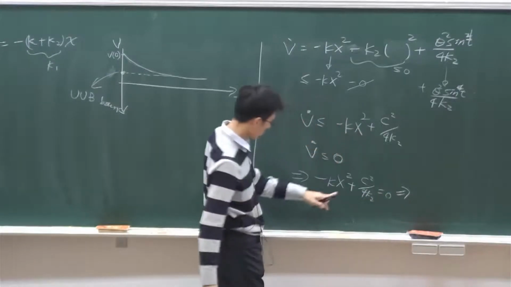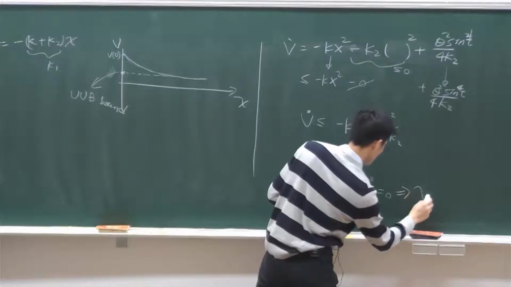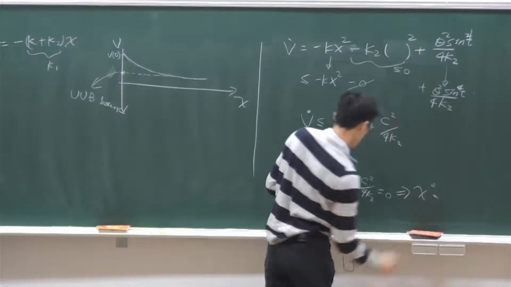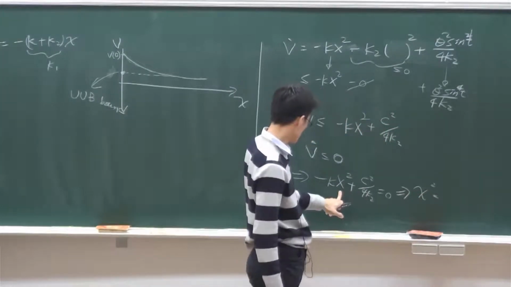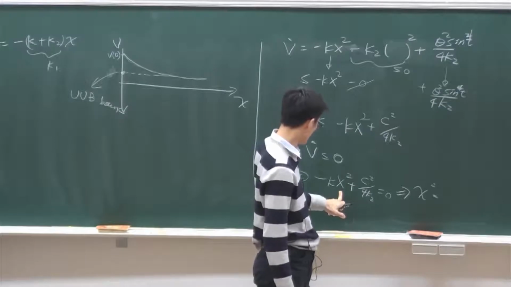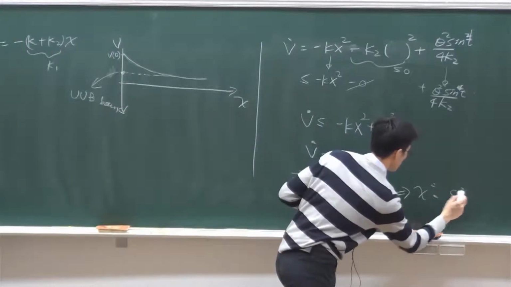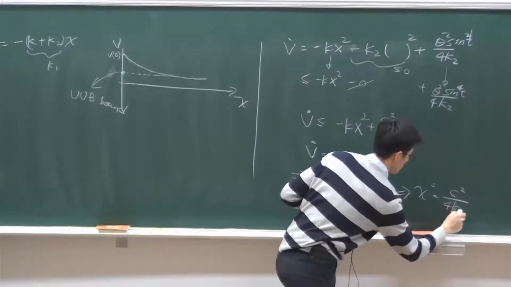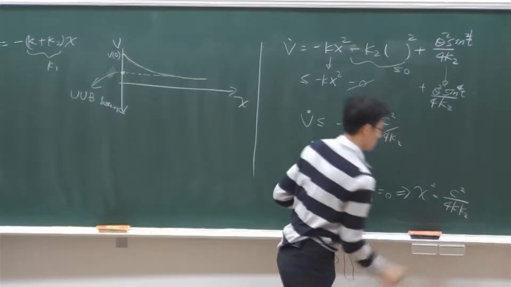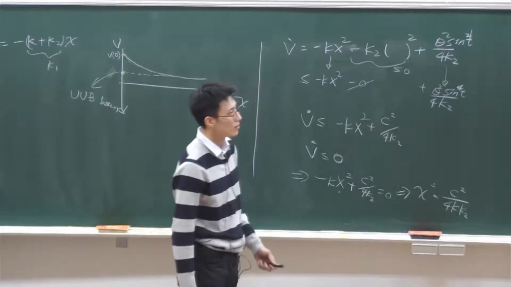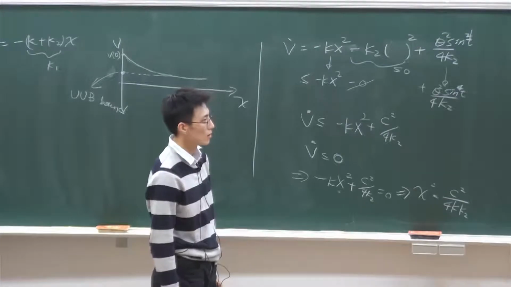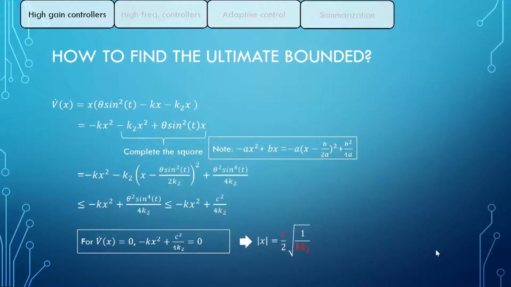You can compute the only variable x, and you can compute the absolute value of x. And what does this x mean?